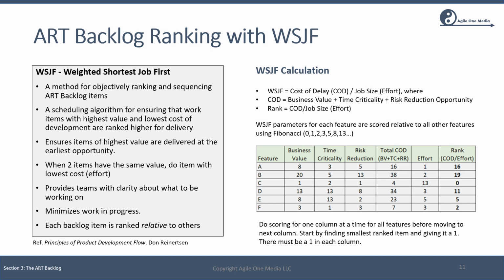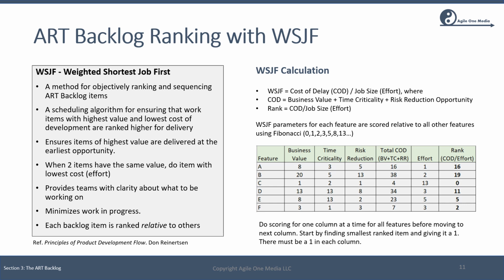So how do we do the actual WSJF calculation? A couple of quick definitions. WSJF equals something called cost of delay divided by job size or effort, where cost of delay is the sum of three parameters: business value plus time criticality plus risk reduction opportunity.